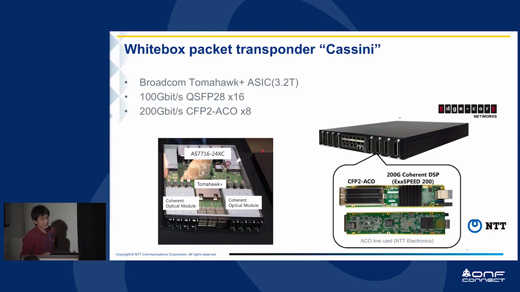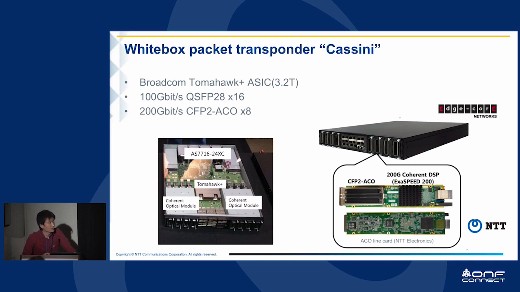And Cassini is a Whitebox transponder, developed by HCore and TIP. HCore contributed its hardware, and it includes Broadcom Tomahawk ASIC, which offers 3.2 Tbps throughput. For the client side, it provides 16 ports with 100 Gbps QSFP28, and for the line side, it provides 8 ports with 200 Gbps CFP2-ACO port.